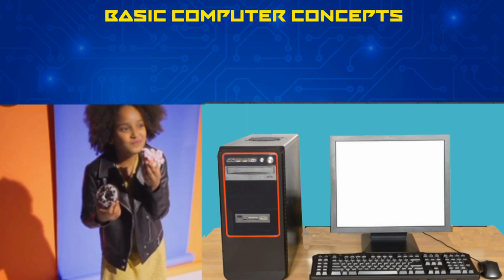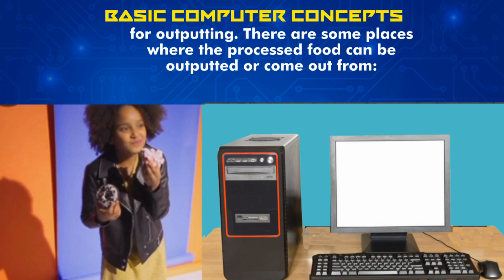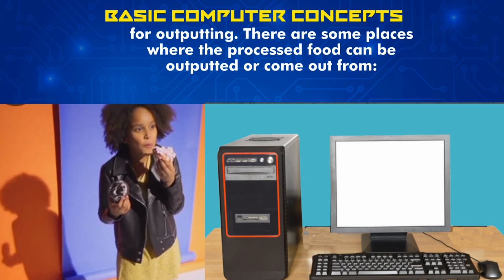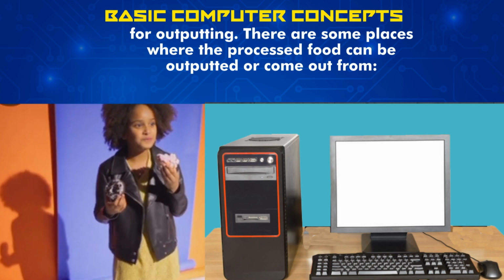And finally, for outputting, you will agree with me that there are some places where the processed food can be outputted or come out from in this child. It can come out from the skin pores or holes as useful energy, which it can use to play and do tasks.